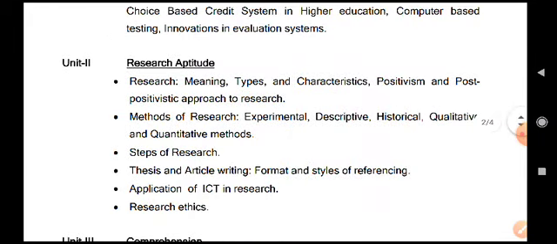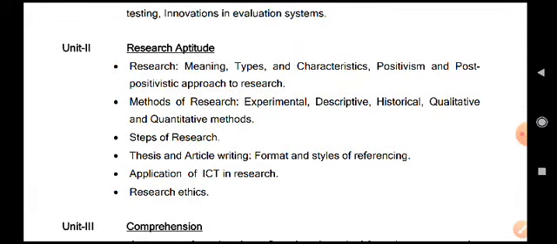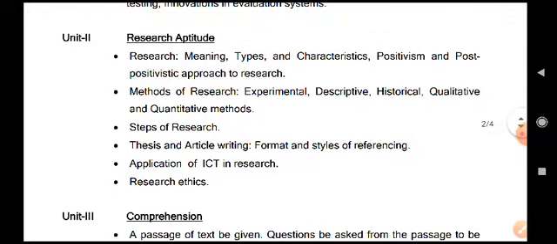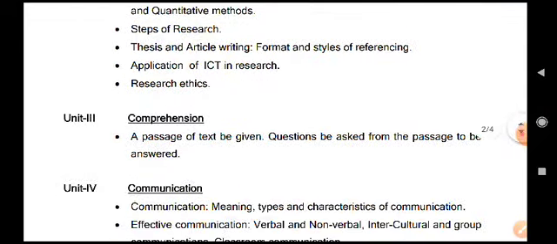Okay, so in unit 2 there is research aptitude. In this, just like the teaching part, the research capabilities of the candidate are tested. Here the various types of research, the modes of conducting the research, modes of conducting the samples, etc. are there in this unit.